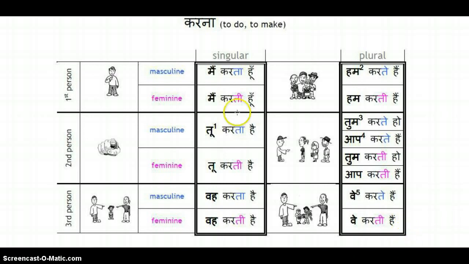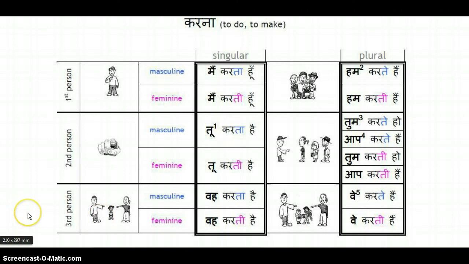Alright, so I'll read it all once more. मैं करता हूँ, मैं करती हूँ, तू करता है, तू करती है, वो करता है, वो करती है, हम करते हैं, हम करती हैं, तुम करते हो, आप करते हैं, तुम करती हो, आप करती हैं, वे करते हैं, वे करती हैं.